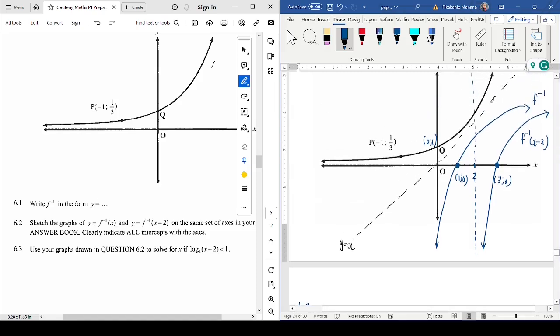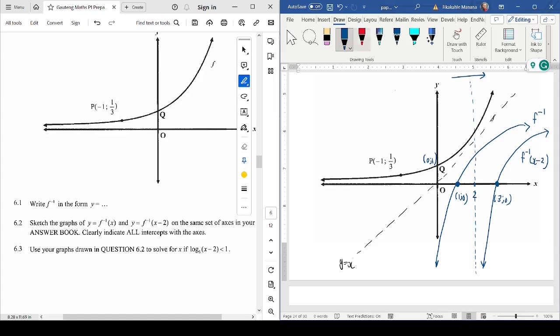Okay, so remember our inverse here, the function there is log base 3 of x. So our inverse, where x has been shifted 2 units to the right, would be log base 3 of x minus 2. Basically, where is this function smaller than 1?